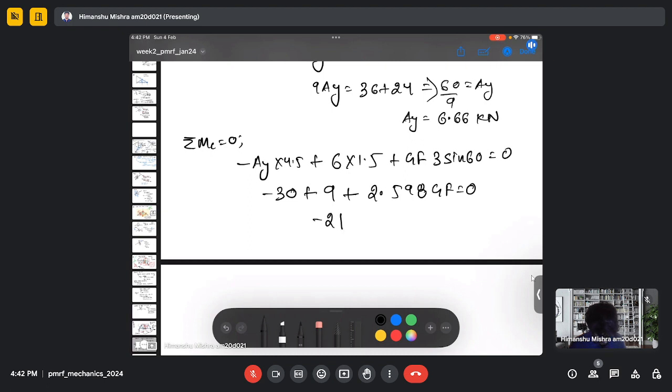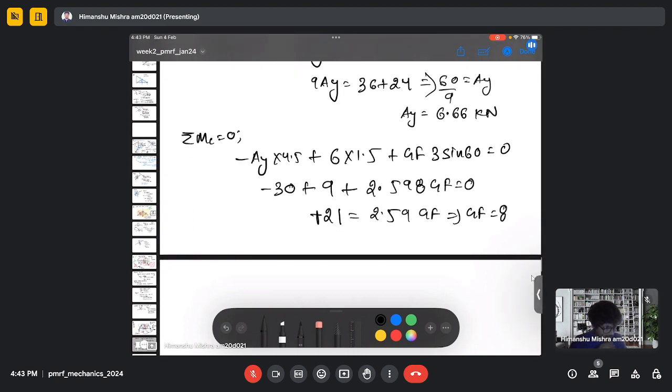Minus 21, it will be plus 21 equal to 2.59 GF. So my GF will be 8.18 kilonewton.